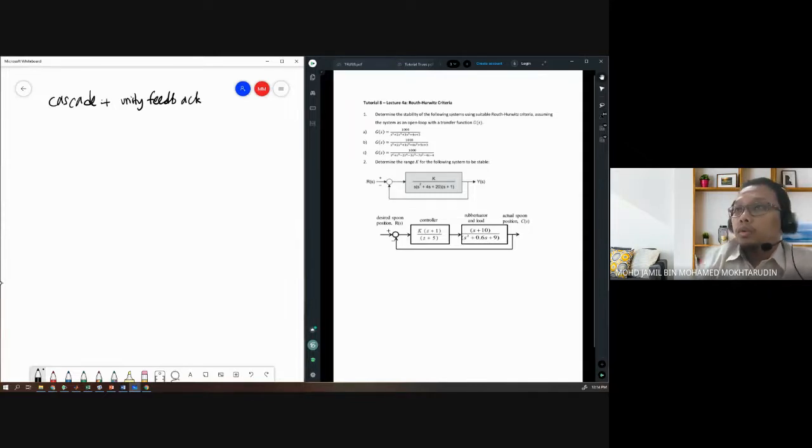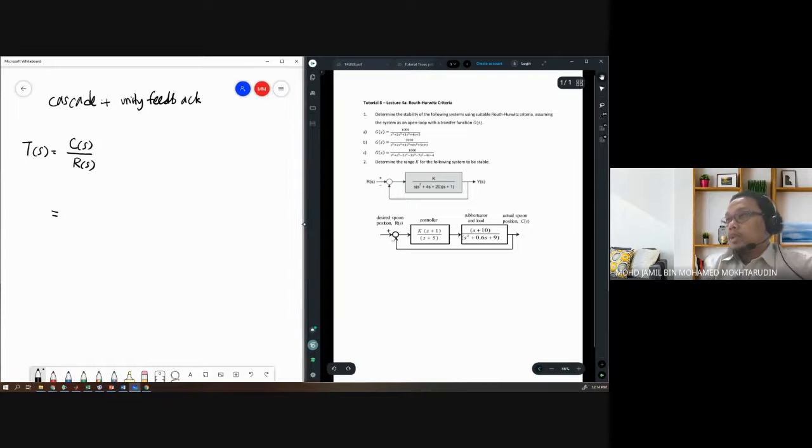Okay, so our closed loop transfer function equals, we can use the formula for feedback. Since this is negative feedback, you use plus.